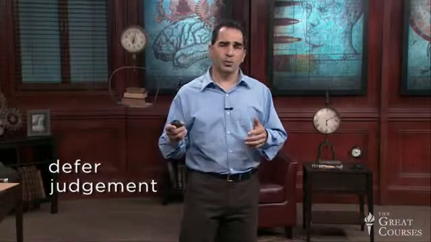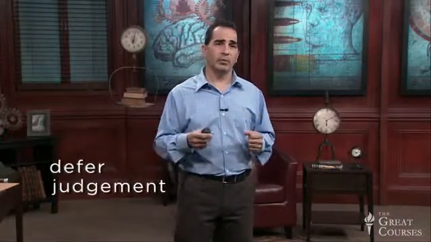Let's look at how neuroscience helps us to understand how defer judgment, defocus, and distance work. So defer, when we defer our judgment, we're opening up our minds. When we improvise, for example, we find that individuals who are good at improvising are turning down their self-monitoring brain.